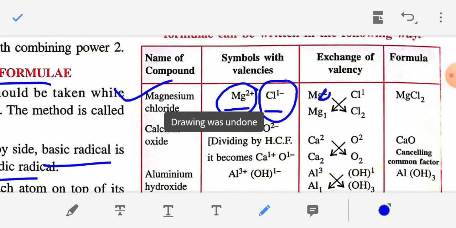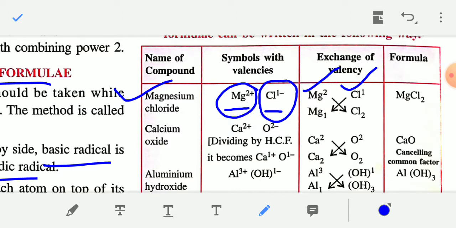Valency of Mg is 2 and valency of chlorine is 1. After that you have to exchange their valencies and write them as subscripts. The valency of magnesium is exchanged with chlorine and the valency of chlorine with magnesium. Now join them and you will get MgCl2. Very simple method.